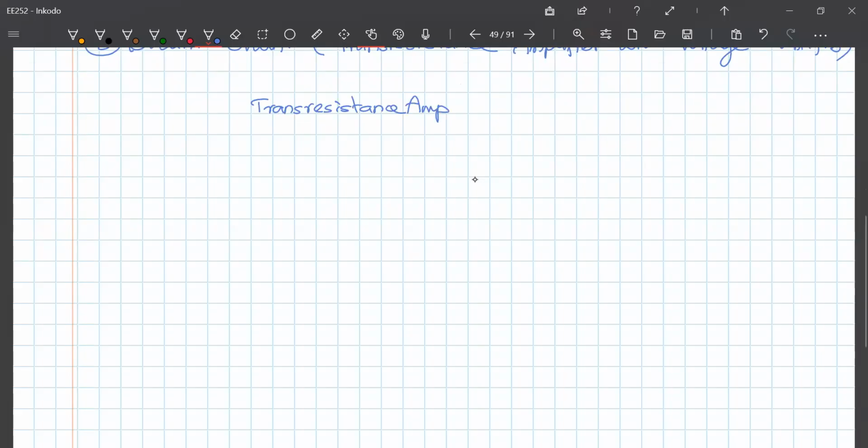So the transresistance amplifier basically has an input impedance and the output is a voltage source. That is my transresistance amplifier without feedback, and since this is a voltage, I am going to feed it to a resistor or the load RL.